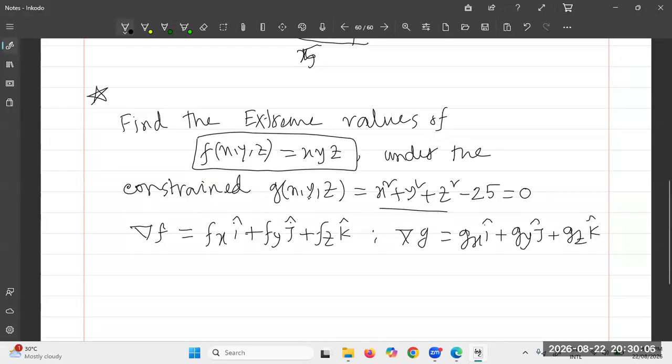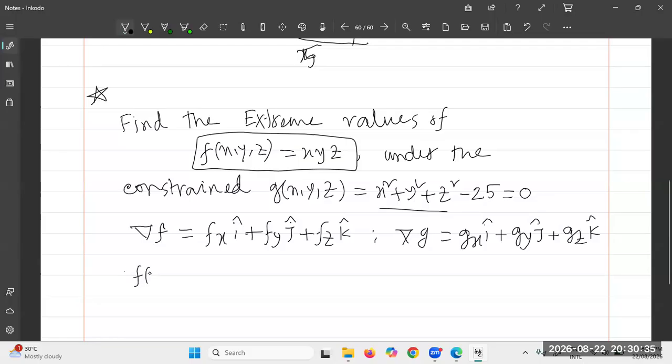So in this case, since we have three independent variables, we need to use our three-dimensional gradient operator. So that's why we have taken i, j, and k quantities also, in the direction of x, y, and z. So three directional quantities are needed, since our function has three different independent variables.